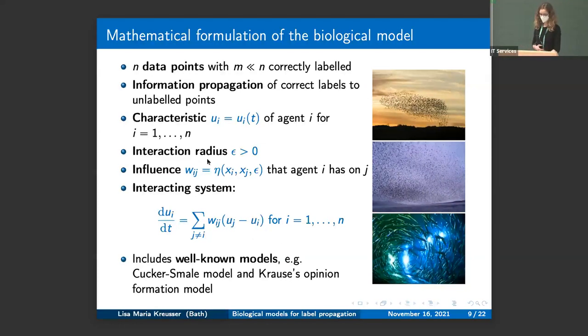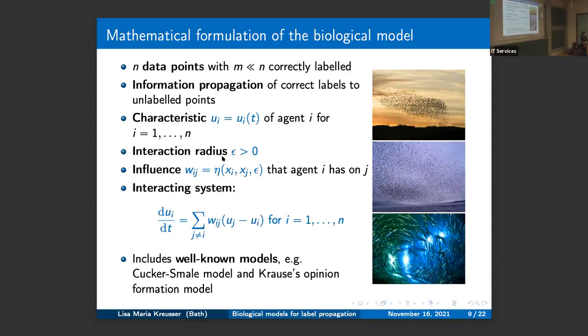And the interaction radius epsilon, which is also in there as a dependency, can more or less be regarded as some kind of cutoff. Again, if points are very far away, then they don't really influence each other.